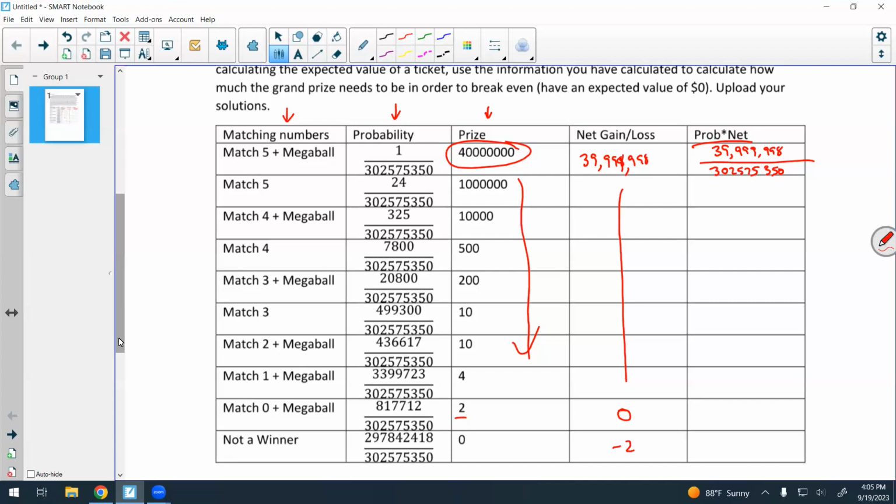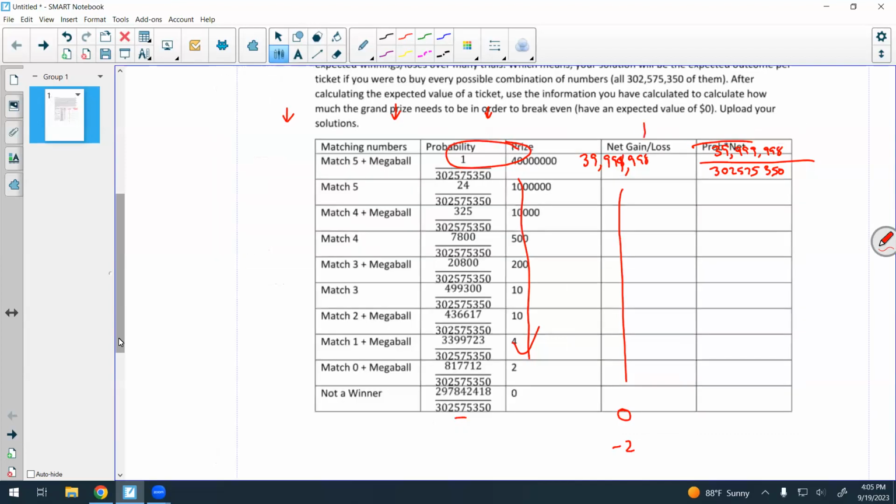So then we're going to take the net gain and multiply it by the probability and get all of these. And this one's going to be negative. Then you're going to take all these figures here and add them up.